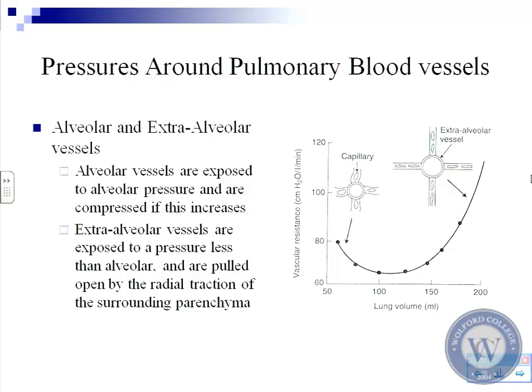Under normal circumstances, if the area of the lung is adequately oxygenating, the sensor basically allows blood flow to go through the capillaries. If you have an area where the oxygen levels are low in that alveoli, then the pre-capillaries will be vasoconstricted and blood flow will travel instead through the extra-alveolar vessel, or will travel to other areas that are better oxygenated in the lung.